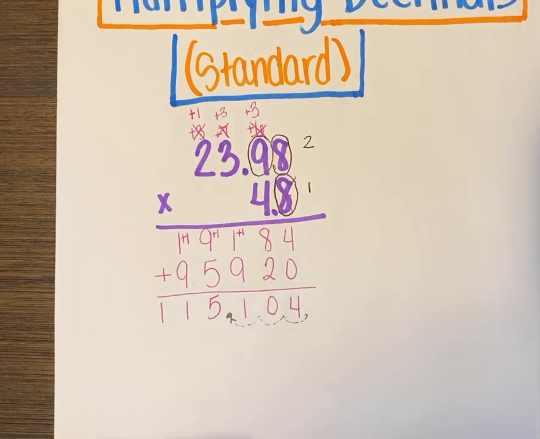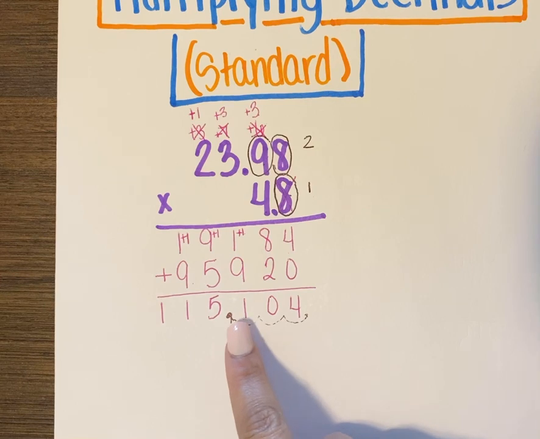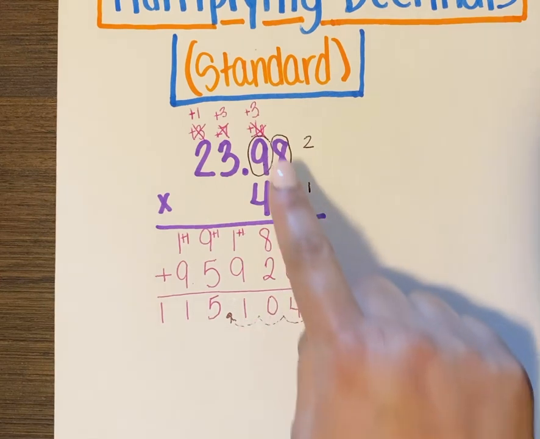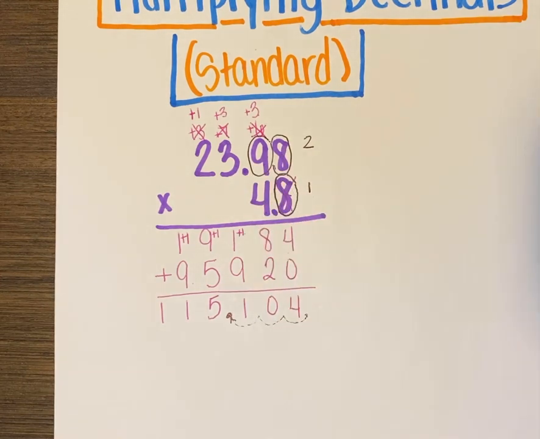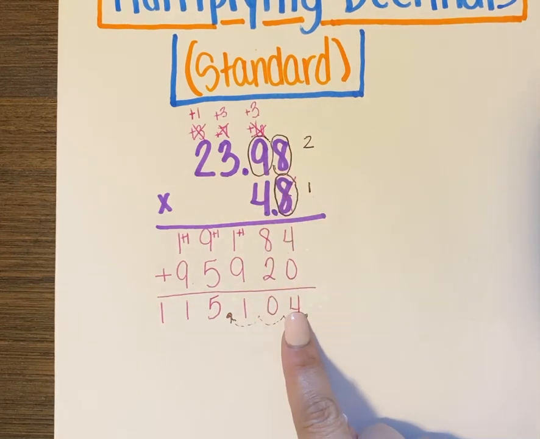Your decimal is going to be placed right there in the middle of the 5 and the 1. And make sure that your amount of place values in your answer matches how many you have in your problem. 3 behind the decimal in the problem, 3 behind the decimal in your answer, okay?